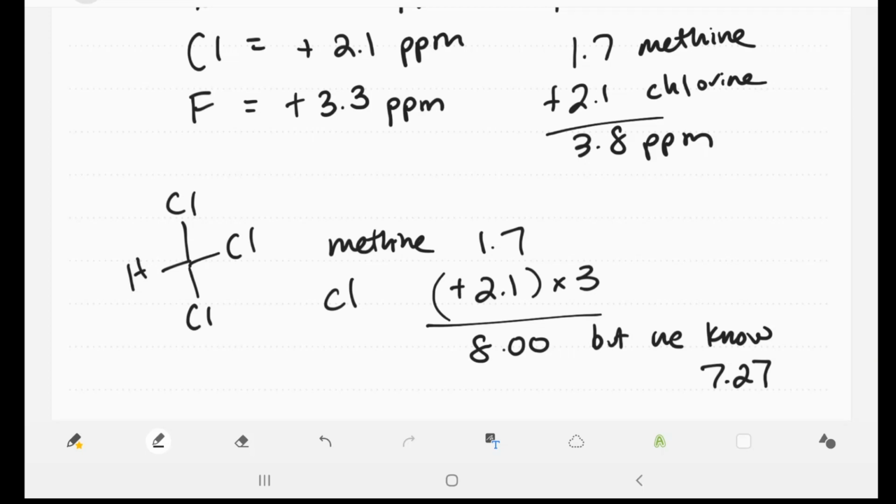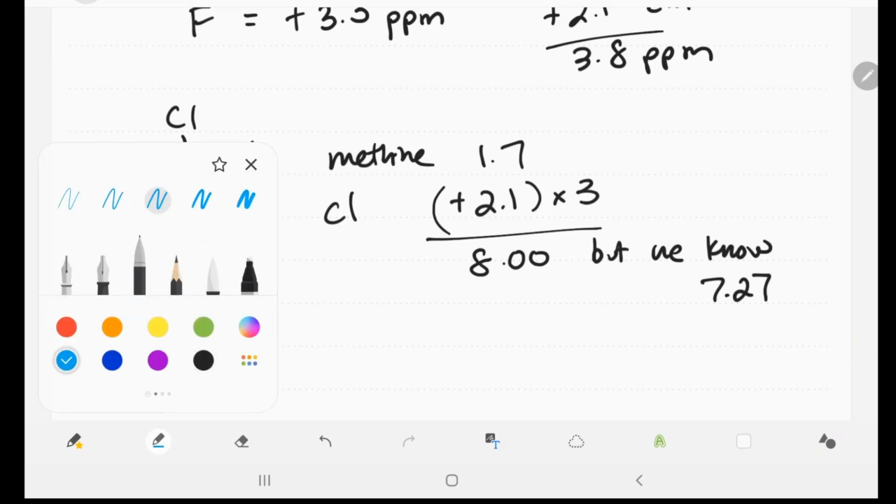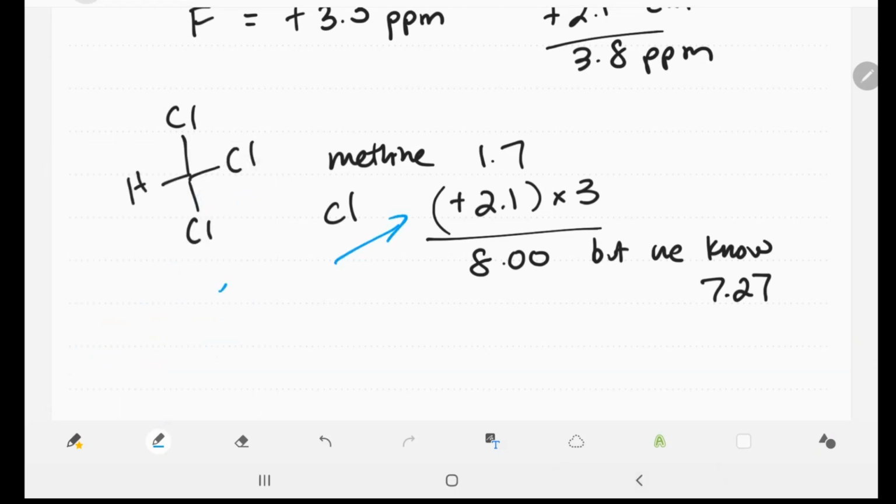Each time you add one more, it's less and less effective. So don't rely on this too much. It's a little bit less effective with each one you add on, because now you're de-shielding in different directions.